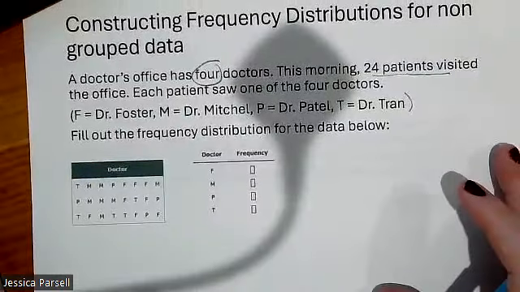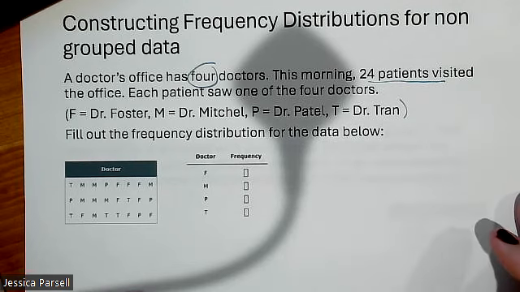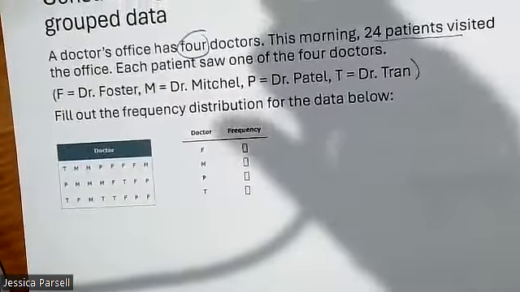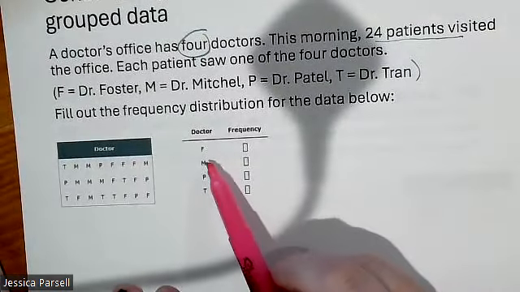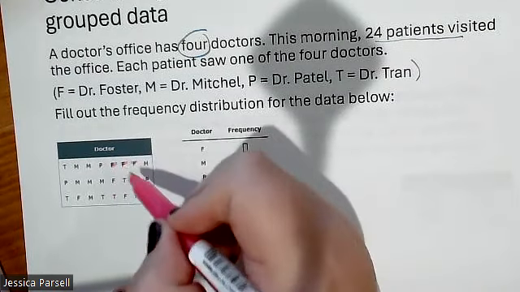Okay, so let's see how we're gonna go at this. So there's many ways to skin this cat, and everyone's gonna skin it a little differently, but for me, I would probably start off with just identifying who's going to see Dr. Foster, so I would count up all my Fs or highlight those.